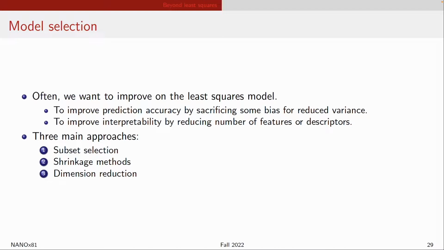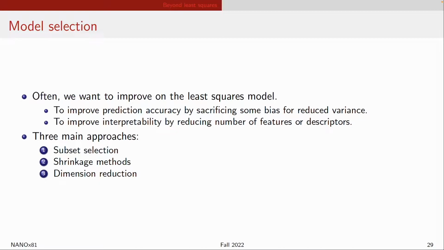As I mentioned, the least squares model is the best model you can have if you are assuming an unbiased estimator. But to improve prediction accuracy, we can allow for some bias, and hopefully that bias buys significantly reduced variance, and that will also improve our model performance.